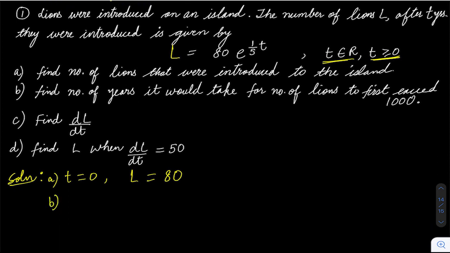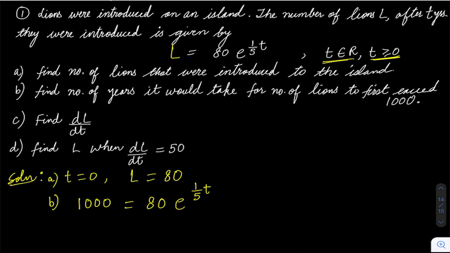B part. Find the number of years it would take for the number of lions to first exceed 1000. So what I am getting is 1000 lions. So basically I need the number of years. So 1000 is equal to 80 e power 1 by 5 t. So basically I am calculating the time when the population of lions reaches 1000.